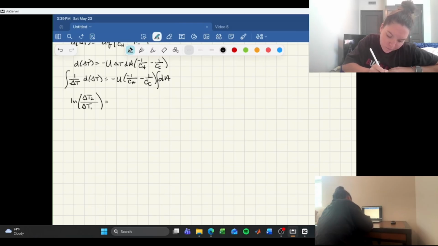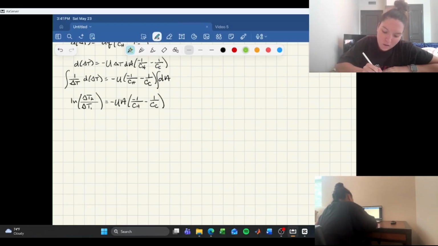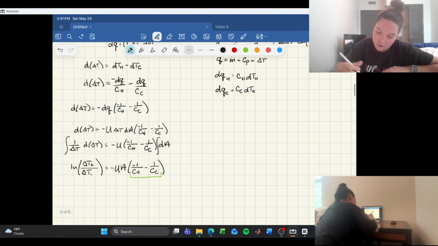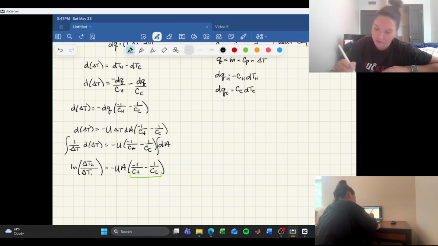Going to be equal to the negative overall heat transfer coefficient times the area times negative 1 over the mass flow heat capacity of the hot stream minus 1 over the mass flow heat capacity of the cold stream. So then we want our mass flow rate heat capacities to be in terms of Q. So we can go back up here, and then remember this was supposed to be a negative.